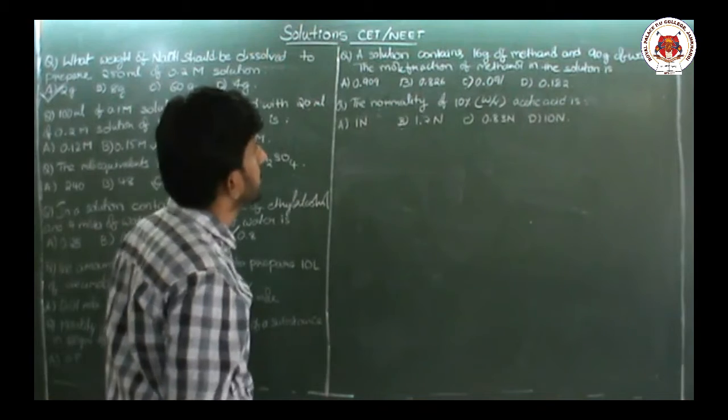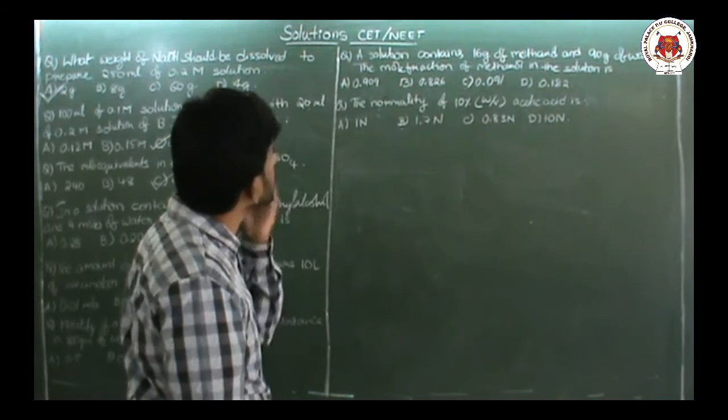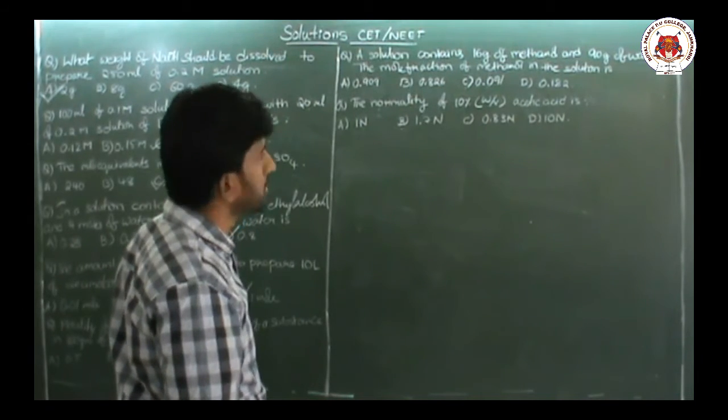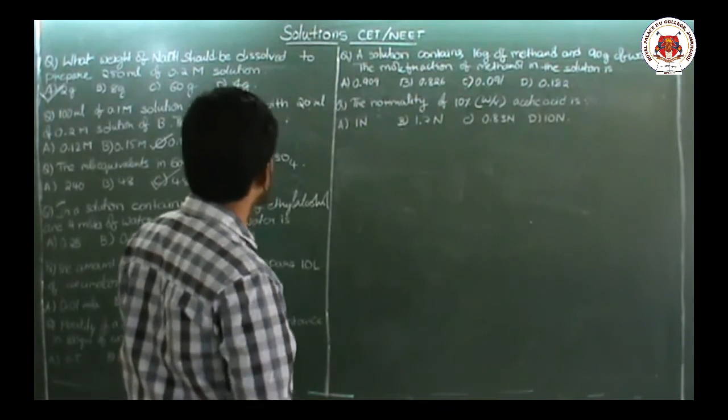Next question is, a solution contains 16 grams of methanol and 90 grams of water. The mole fraction of methanol in the solution is.